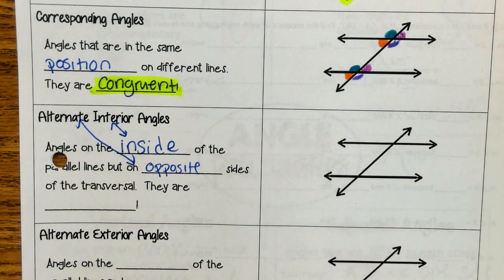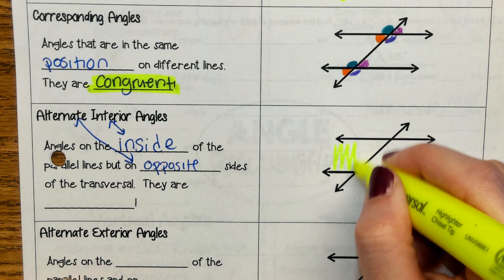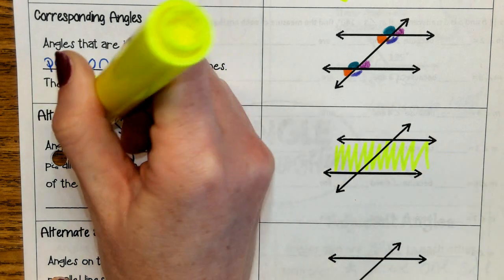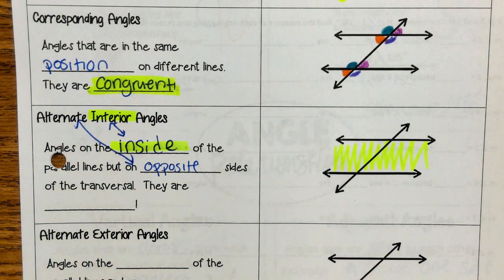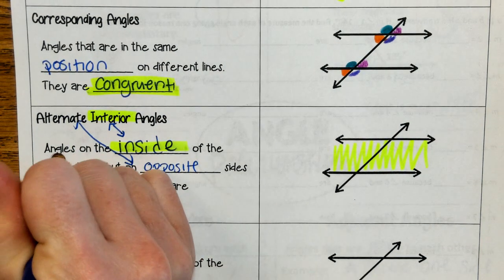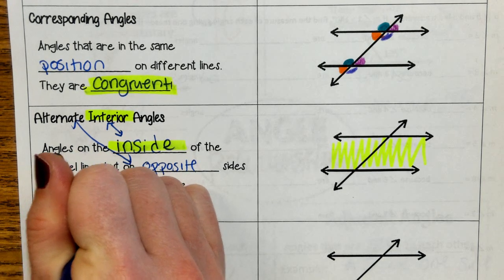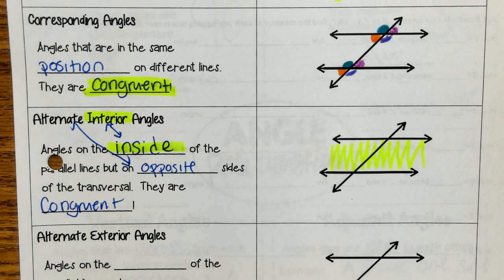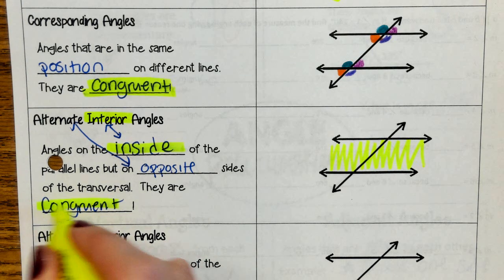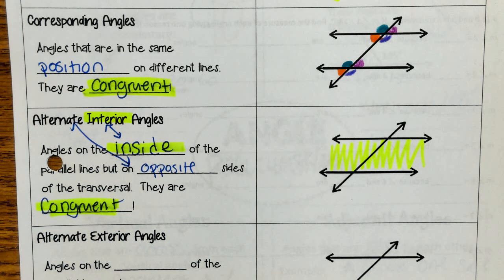Here are your parallel lines. Here is your interior between. And alternate interior angles are congruent. So, you have to know where the interior is.